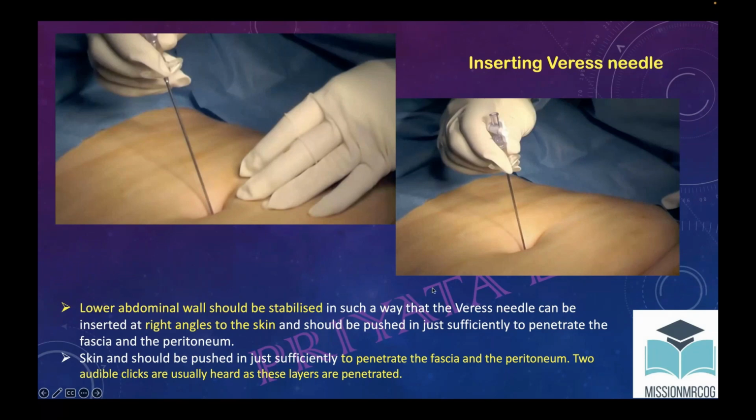You also tell the junior that the lower abdominal wall has to be stabilized, and it is inserted at a 90-degree angle to the skin, and pushed only so far that it penetrates the fascia and peritoneum. We would hear two clicks, one for the fascia and one for the peritoneum.